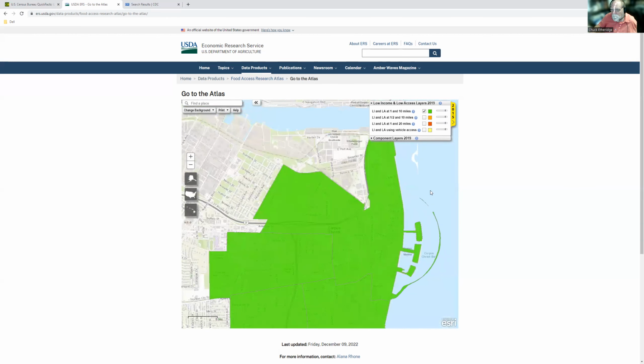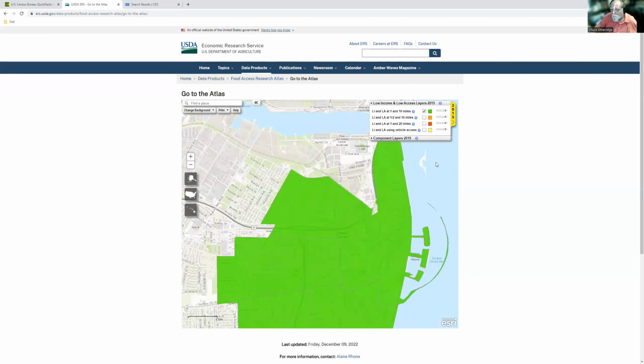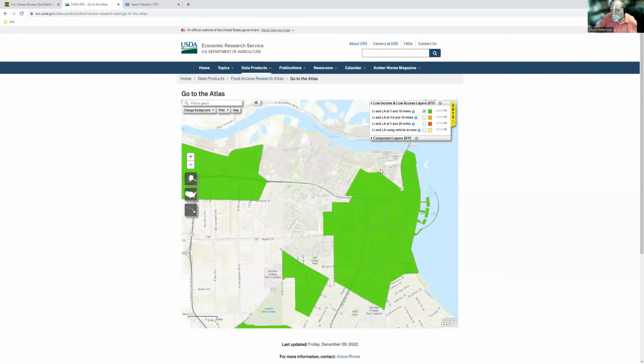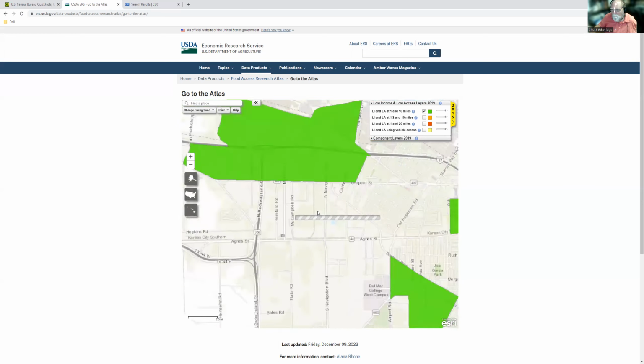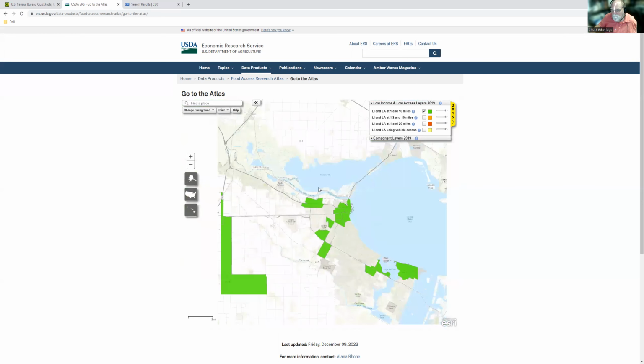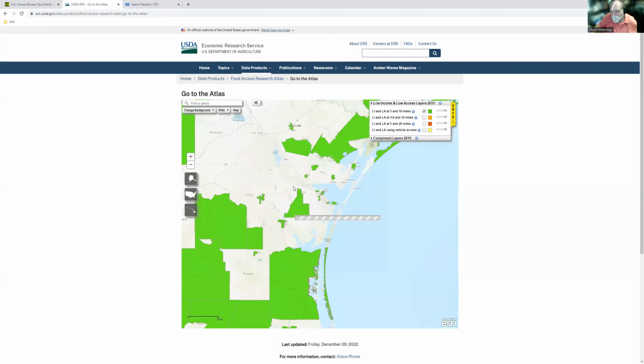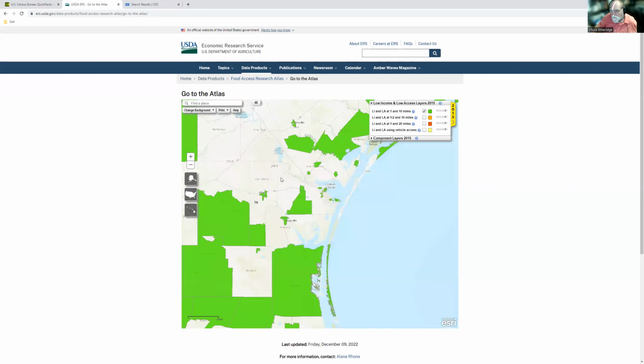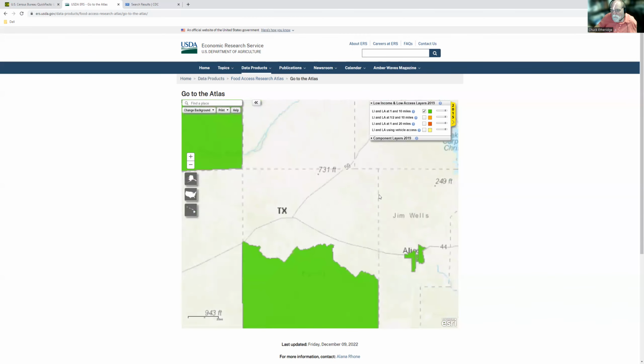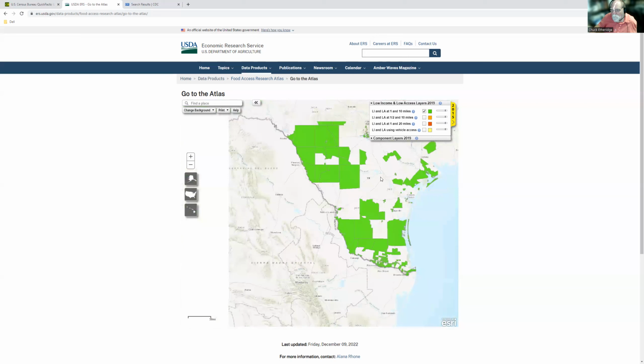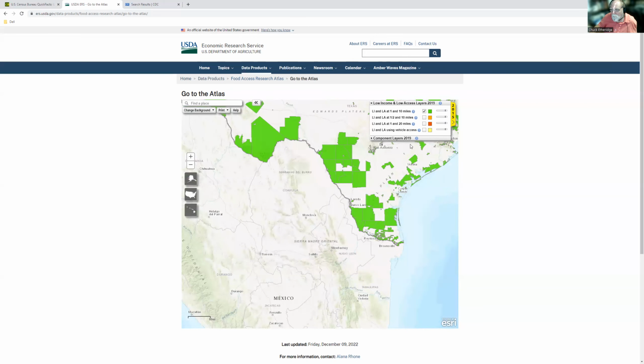So these green areas have access to food, but look at all these chunks of the city where they don't have access to food. And then we pull out farther, and we see more and more areas that just don't have access to food.